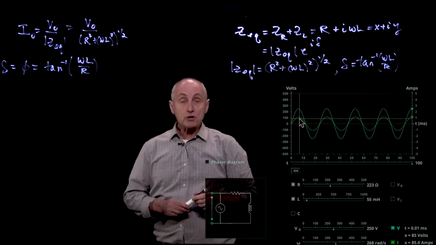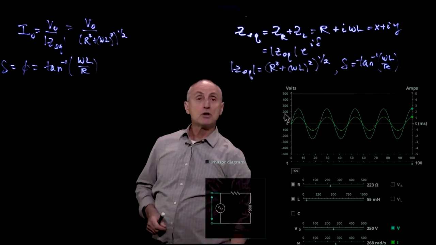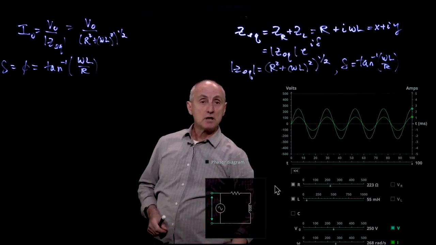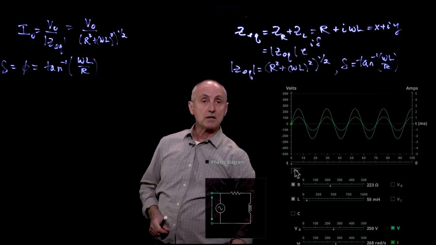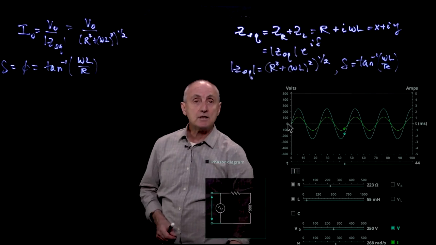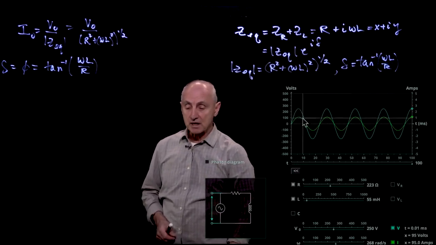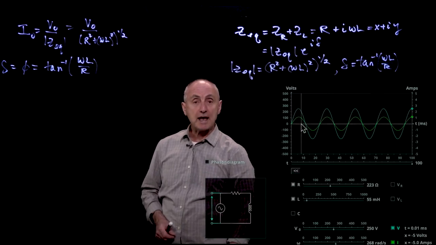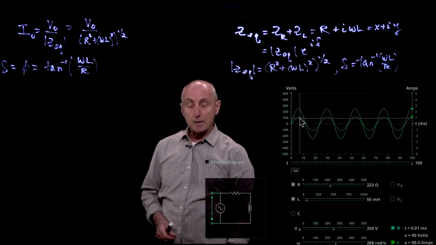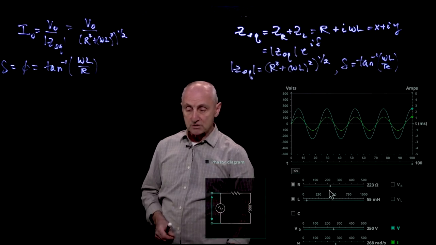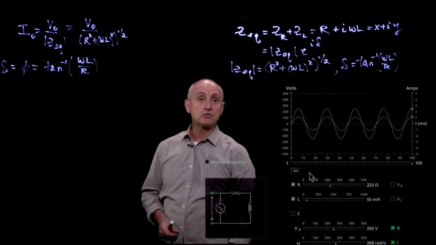So now let's look at the circuit. If we run this circuit and we hit the time dependence, you can see that with this particular case, the blue represents the voltage and the green represents the current. And right now we have a very small inductance and reasonable sized resistance.